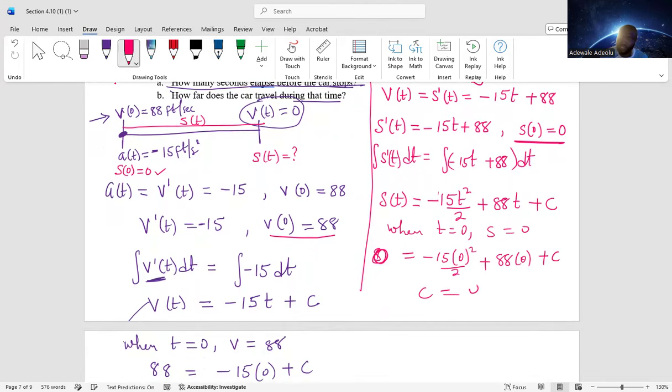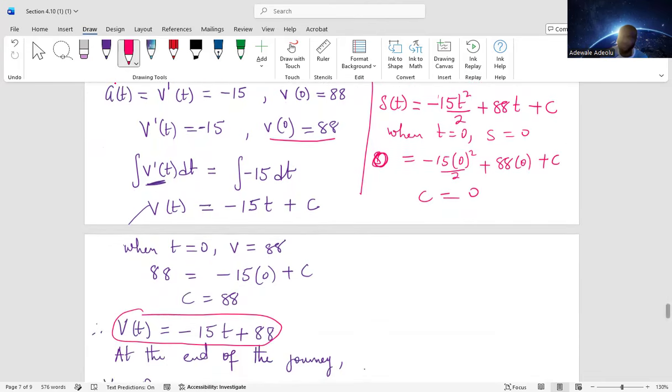Our c is 0. So s of t is negative 15t squared over 2 plus 88t.